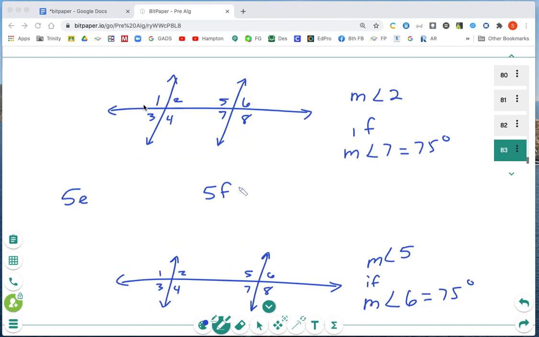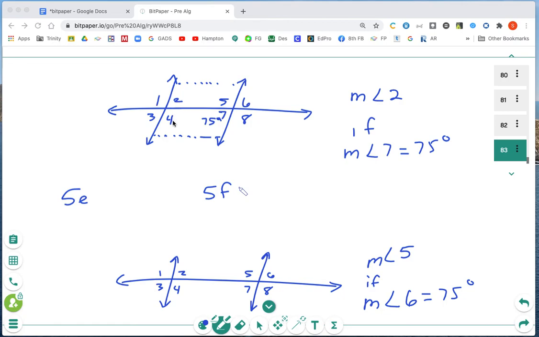All right, now we're trying to find angle 2. So we know that angle 7 is 75 degrees. And we're trying to find angle 2. Again, we're going to dot in our dotted lines inside the parallel lines, making our box.